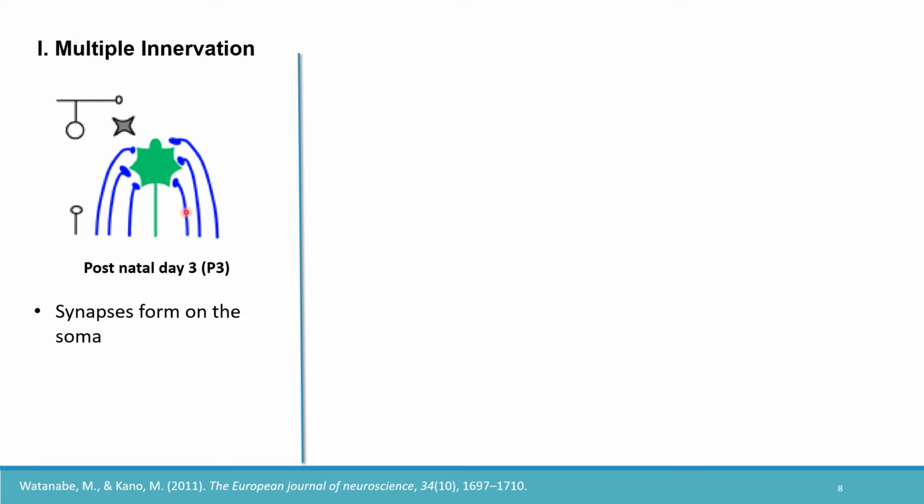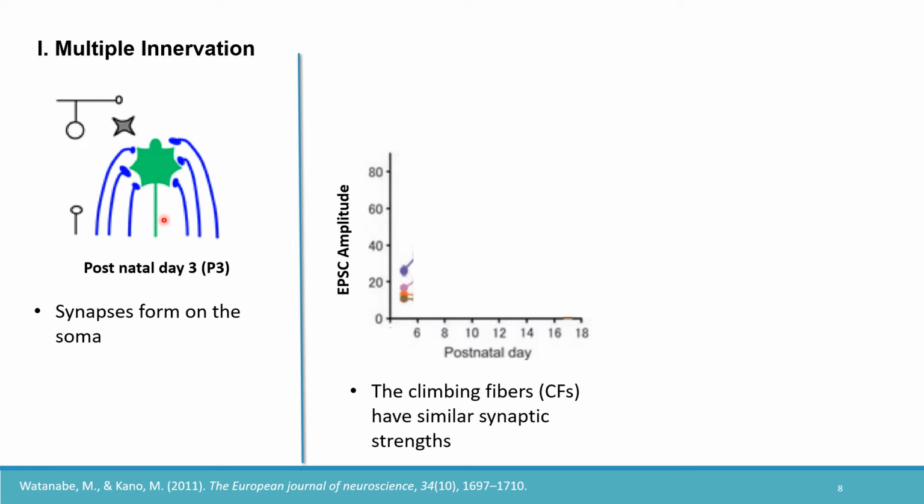Initially, at postnatal day 3, functional synapses are formed by multiple climbing fibers innervating the soma of a Purkinje cell. At this stage, these fibers are able to release glutamate and evoke excitatory postsynaptic currents that have similar amplitudes.